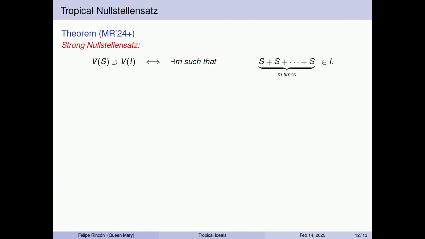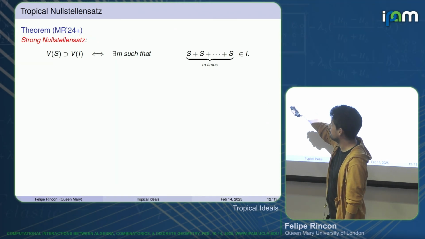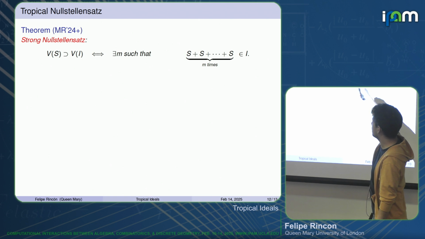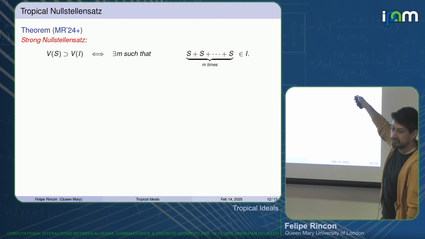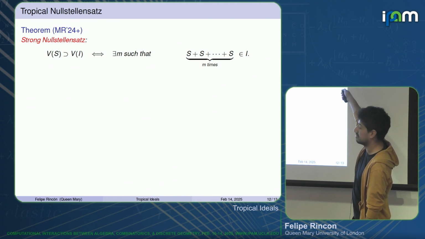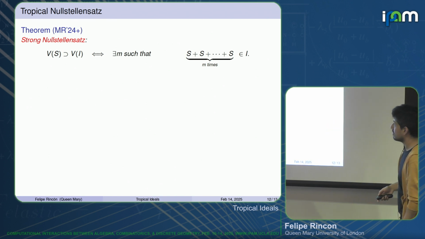We wondered if something like that was true tropically. If you have one of these tropical ideals, one of these combinatorial ideals, and the variety of that ideal is contained in the variety of one single subset, is it true that after adding S with S, the Minkowski sum of lattice points, enough times you get a subset that had to lie in your ideal?